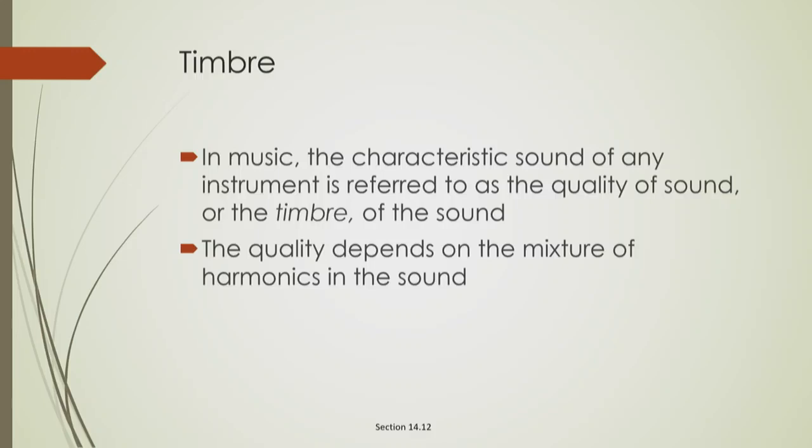So the resonant box in my violin is going to provide a different timbre than the resonant box in my oboe. And that's where the color of the sound is going to come from. It's a characteristic related to those overtones and the mixtures of the harmonics dealt with in the resonance box.